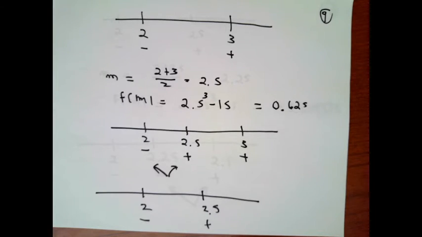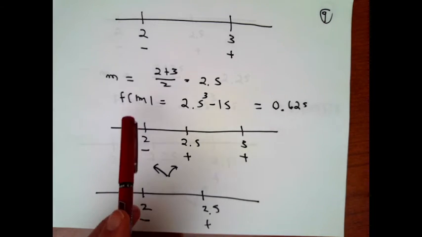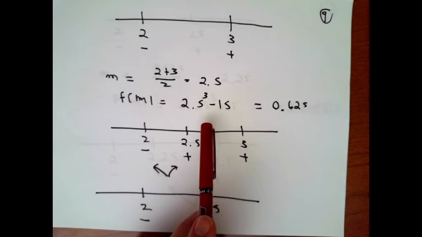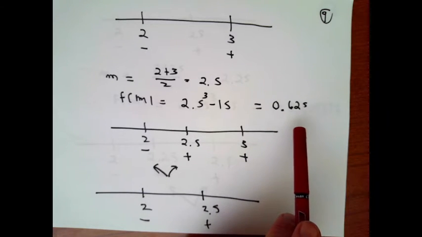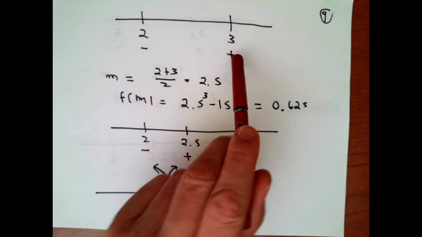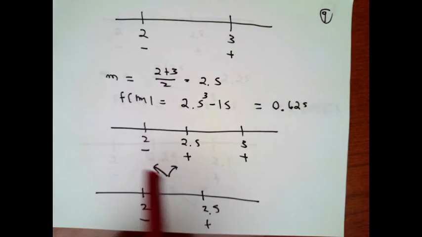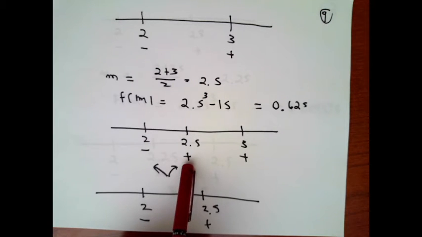Since I know there's a root between 2 and 3, calculate the middle of that interval, which is x equals 2.5 for the midpoint m. f of m is 2.5 cubed minus 15, which is 0.625, which is positive. Negative and positive at the ends, and positive in the middle.